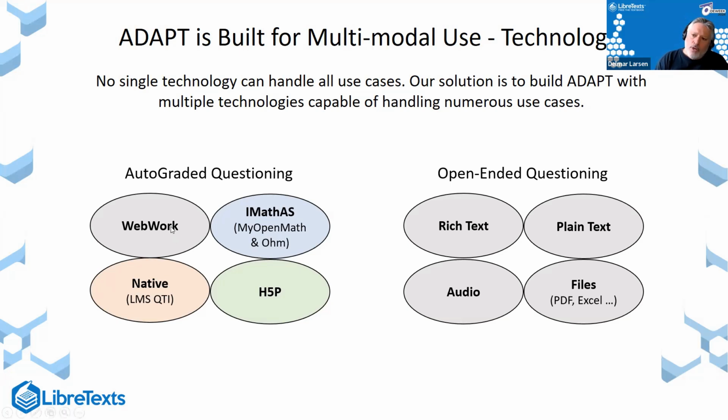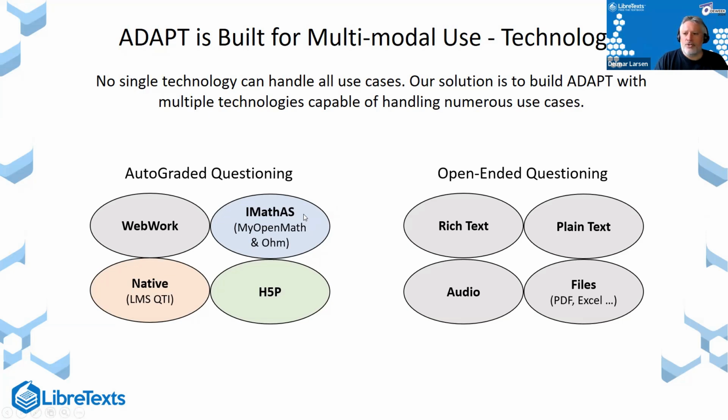One is WeBWorK, which is a technology that came out, at least initially, from upstate New York, the University of Rochester, that Mike Gage and then expanded out to other people implemented. It's a very powerful infrastructure centered around math and engineering, especially in use in R1 institutions and especially upper divisional classes.